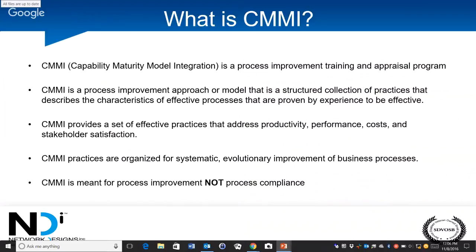It is a process improvement approach or model that is a structured collection of practices that describes the characteristics of effective processes that are proven by experience to be effective.